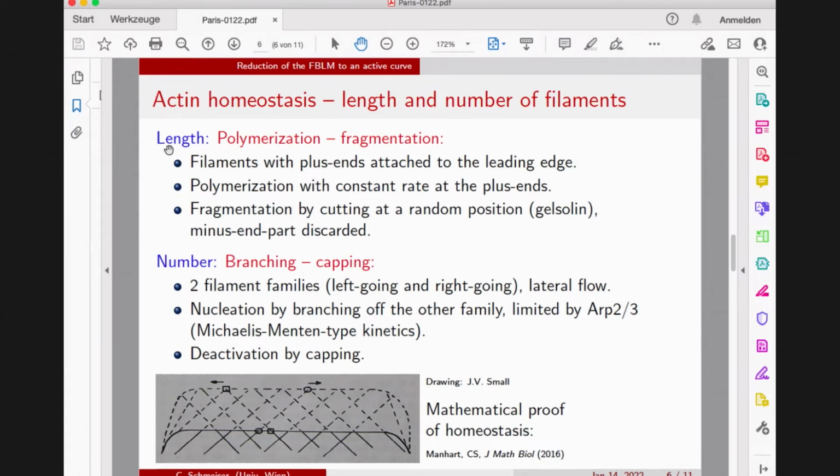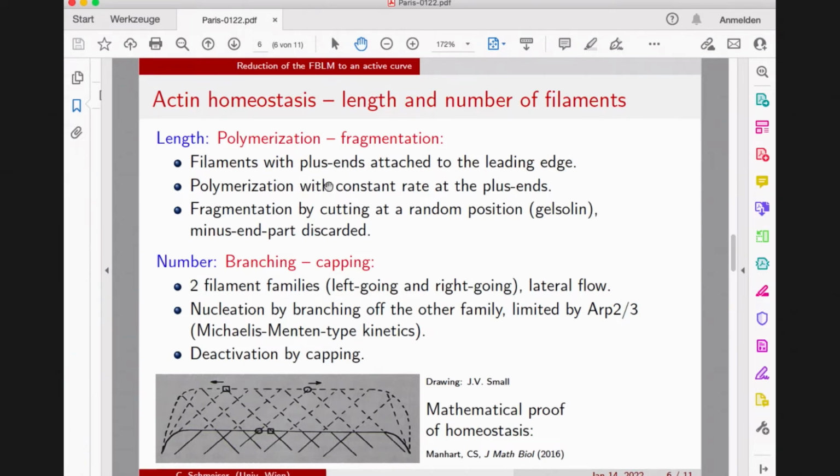The length distribution is modeled as a balance between polymerization, which tends to make the filaments longer, and fragmentation, so cutting of filaments, which tends to make them shorter. The filaments all start at the leading edge and point inwards in the cell.